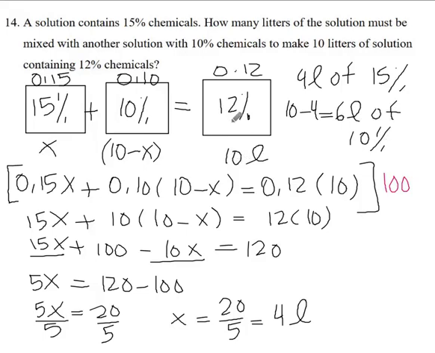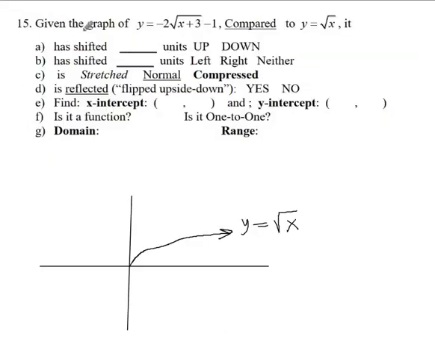in order to obtain 10 liters of 12%. So here we want to take a look at the graph of y is equal to minus 2 square root of x plus 3 minus 1. Compare that to y is equal to square root of x. If you recall, the graph of y is equal to square root of x looks like this roughly, and we want to see how this shifts. Has it shifted up or down?